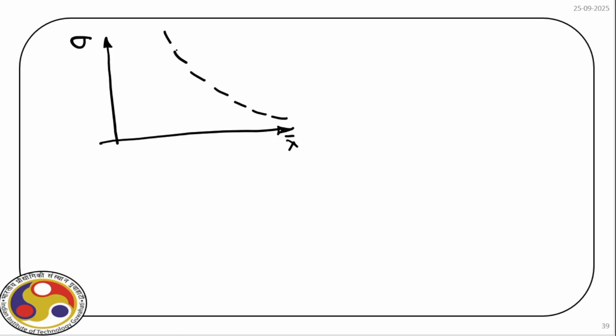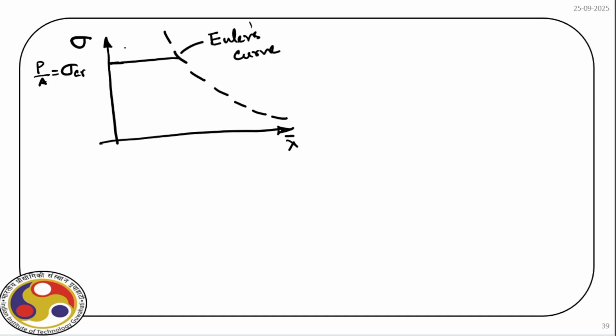So we have this, the Euler's equation or Euler's curve, and if we mark the sigma crushing, which is equal to P by A, this is here somewhere.